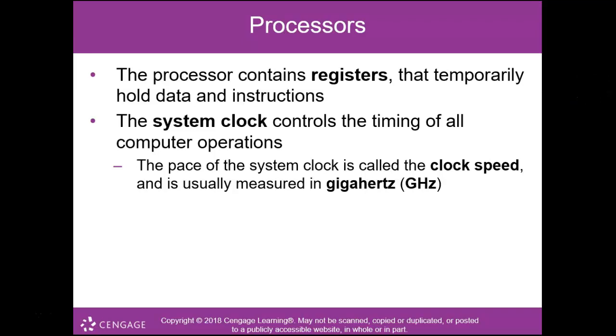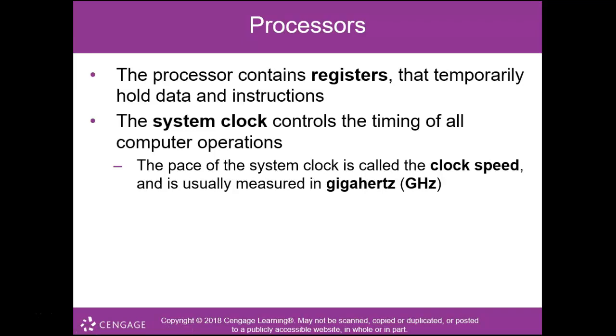Now, the processor relies on a small quartz crystal circuit called a system clock, and that system clock in the processor is going to control the timing of these operations. Each tick of this clock is called the clock cycle. The processors are superscalar, which means they can execute more than one instruction per clock cycle.